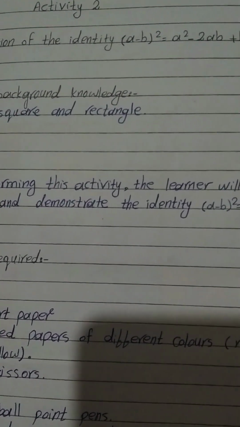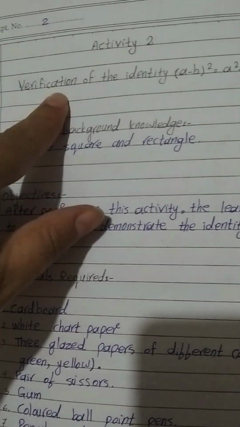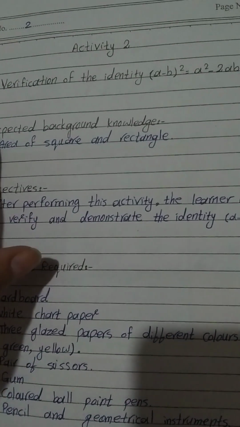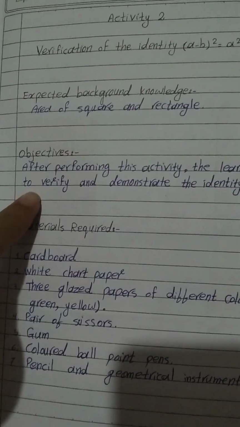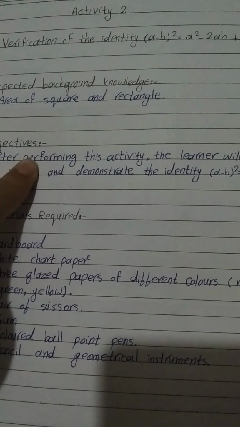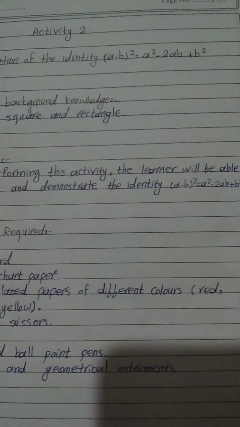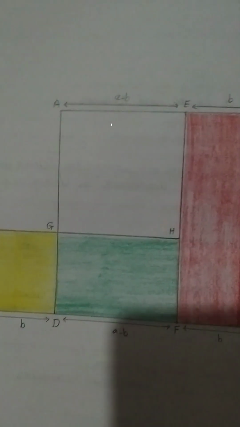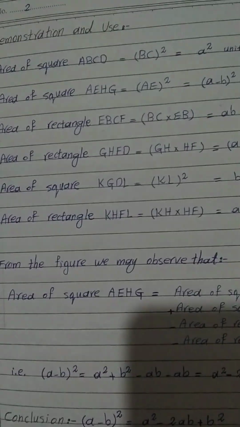Okay, then you come to experiment number 2. As you see, it has the same pattern: the number, the name of that, then what knowledge you need, and what you're going to learn. What you're going to learn means you are going to identify the same formula. Then what material you need, and then just look, there is another shape, and it shows you how to prepare it.